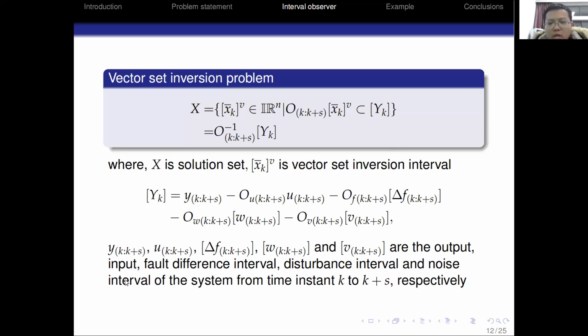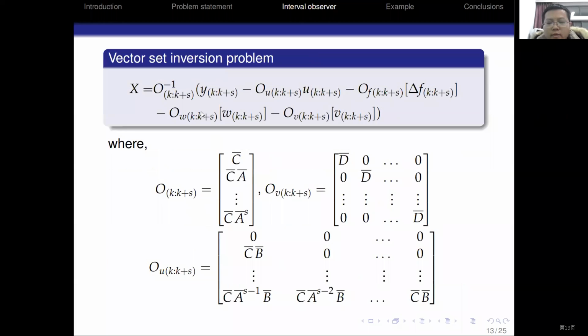In this equation, y, u, delta f, omega, and v are intervals: the output, input difference, disturbance, and noise term intervals of the given system, from k to k plus s. This is a common way to deal with the SIVIA problem, and we can make these matrices.